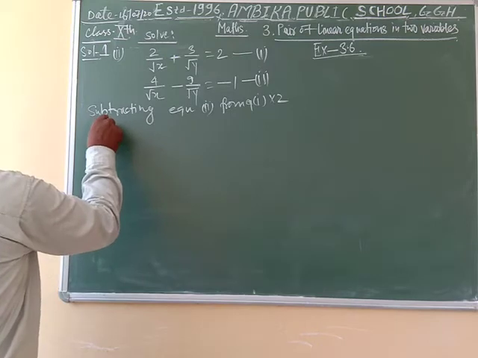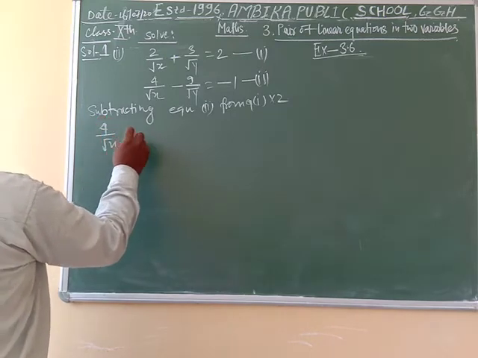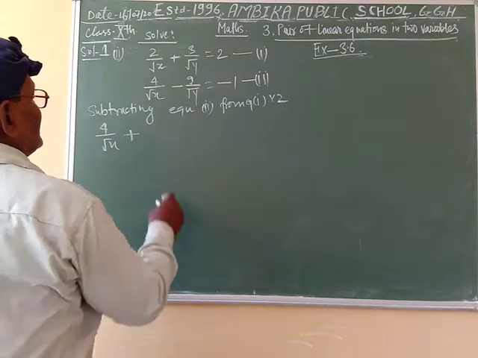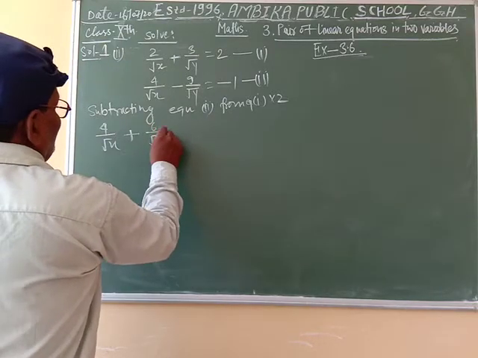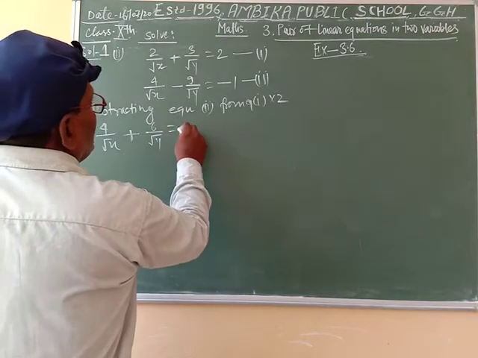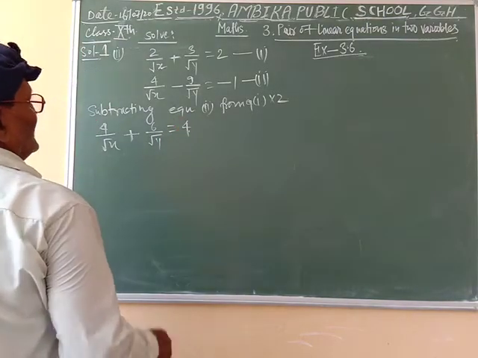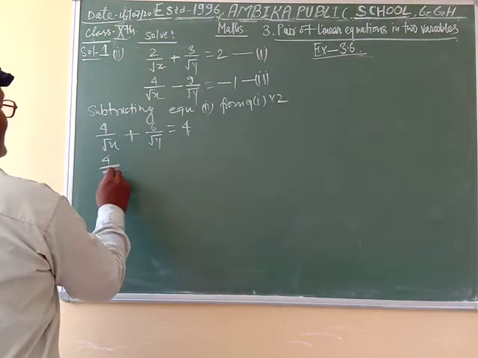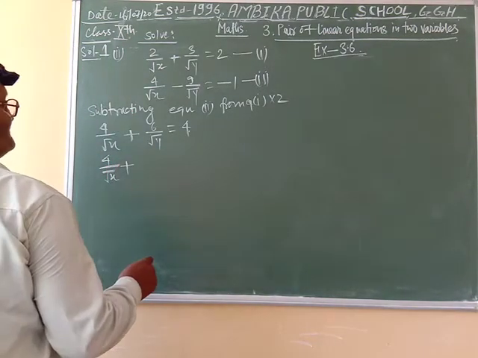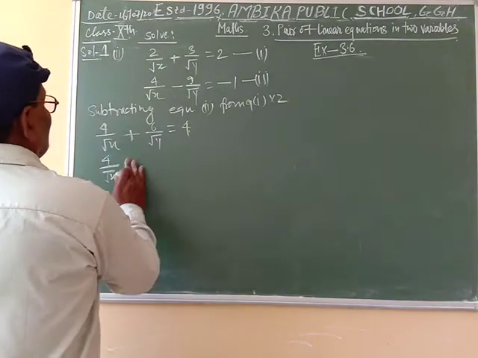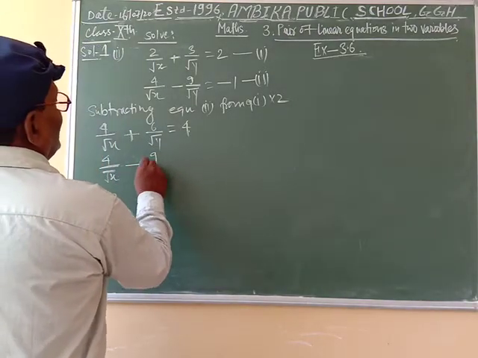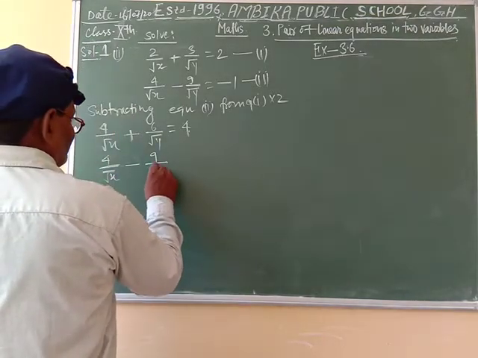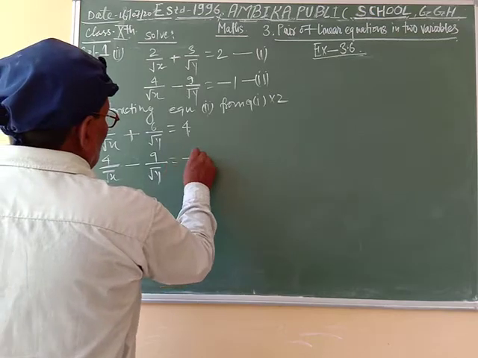4 by root x plus 6 by root y is equal to 4, and equation number 2 is 4 by root x minus 9 by root y is equal to minus 1.